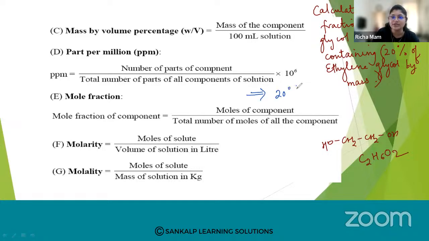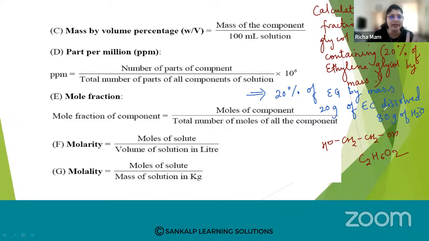So 20% of ethylene glycol, I'll write the short form EG, by mass means what? 20 grams of ethylene glycol dissolved in how many grams of water? 80 grams of water. The total solution will be 100.